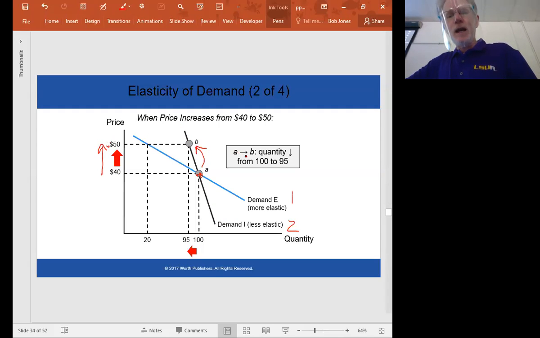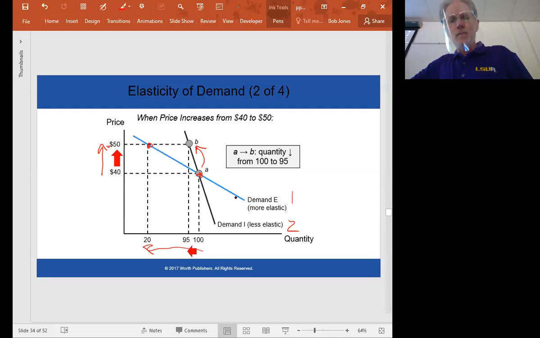Whereas if we were looking at market 1, a flatter curve, you have the same $10 change in price. What happens to the quantity demanded? It goes from point A, 100 units demanded, to this point where only 20 units are demanded. So with the steeper curve, where demand is less elastic, the $10 change in price had really very little change in what consumers bought.